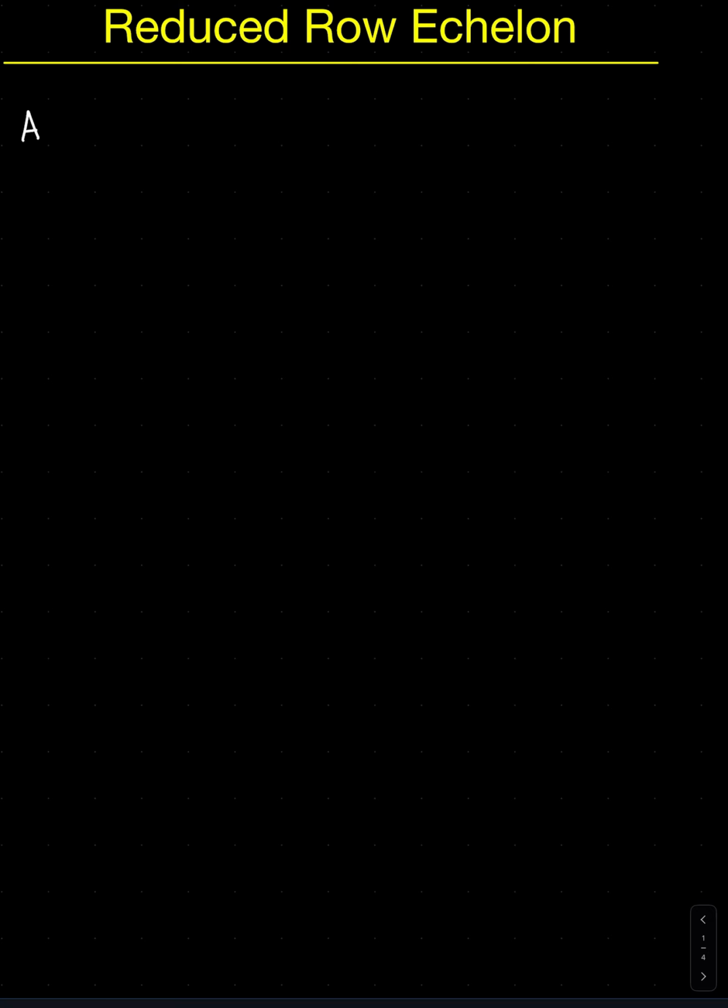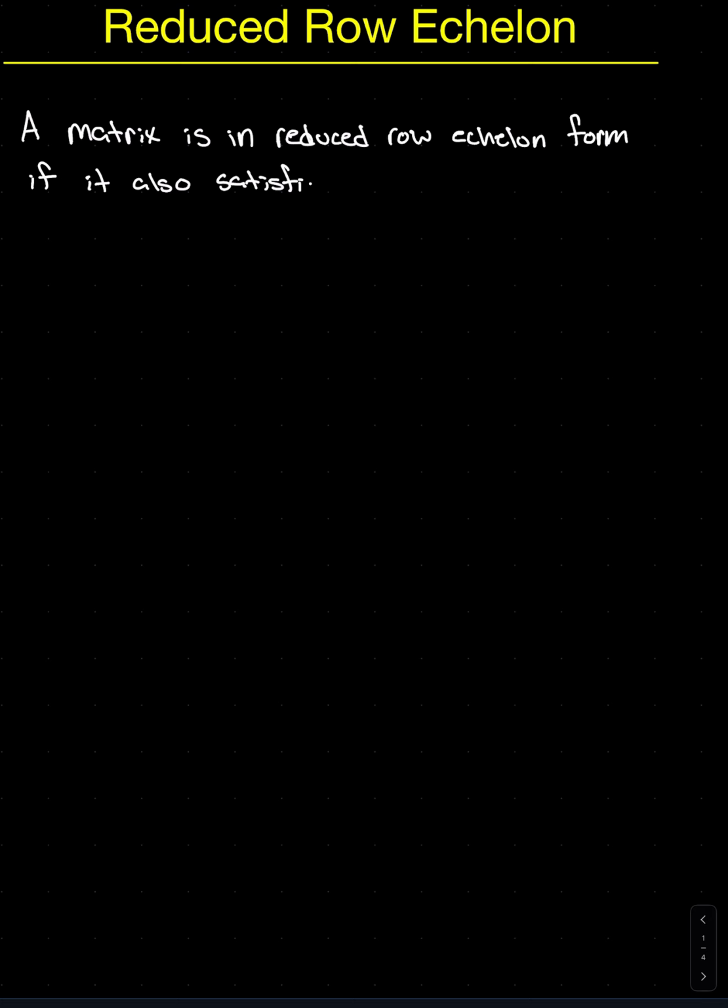A matrix is in reduced row echelon form if it also satisfies these properties.